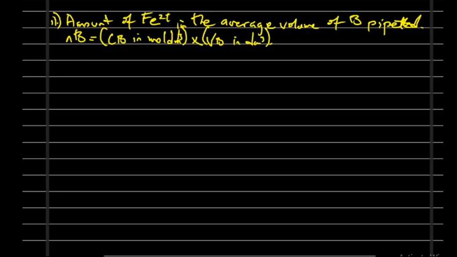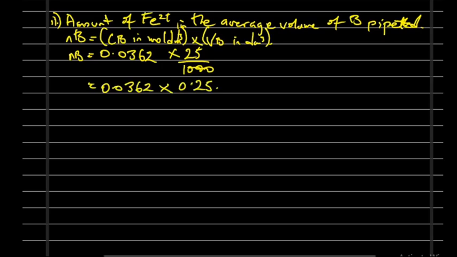So our NB equals 0.0362 times our volume of B, which is the pipette volume of 25, but we are taking it to dm cube, so 25 divided by 1000, which is 0.025. So we have our NB to be 0.000905 moles. That is the value that we are having there.